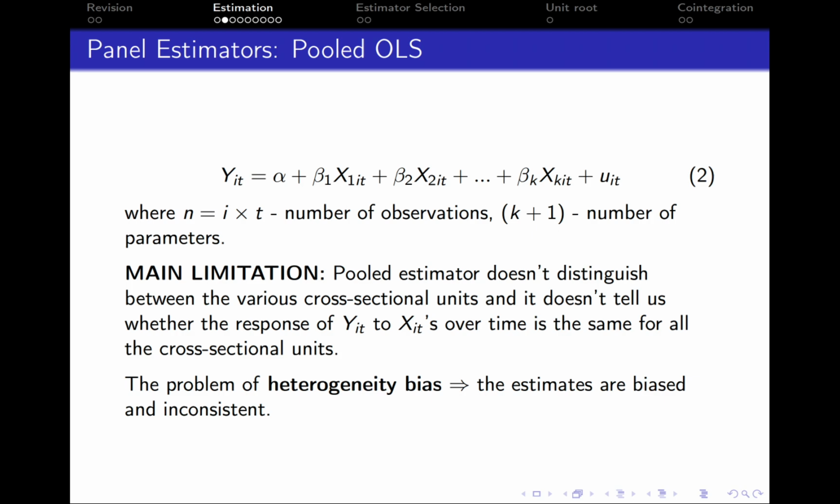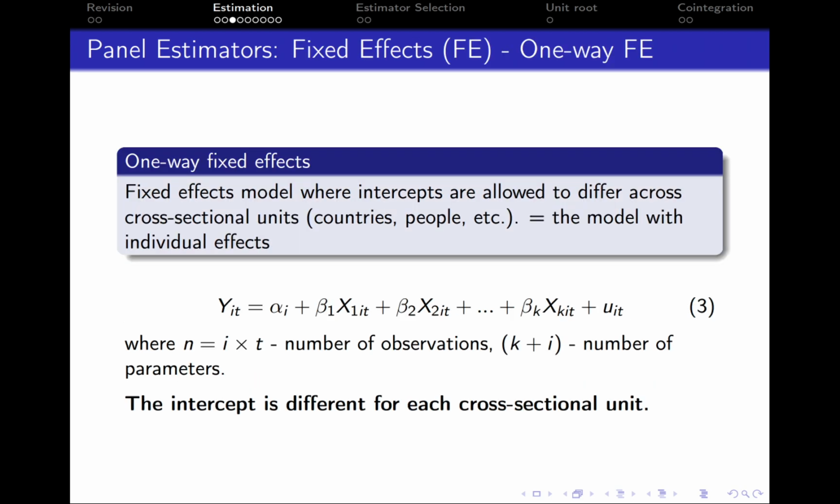And when we impose this assumption incorrectly, the estimates are biased and inconsistent. So therefore, it is not really recommended to use this estimator, and it is always better to use some other type of estimator, like for example, fixed effects estimator.